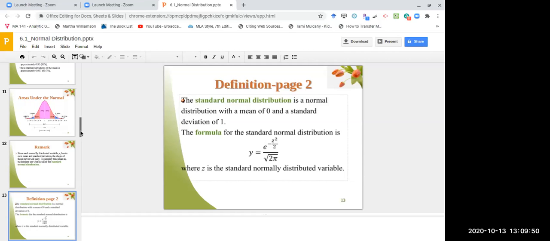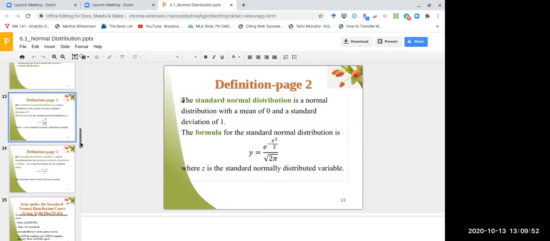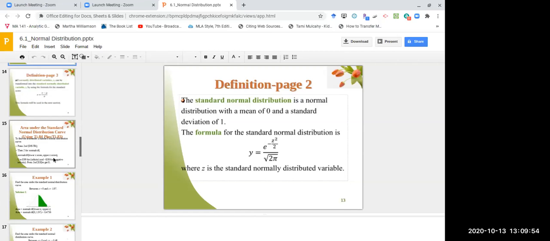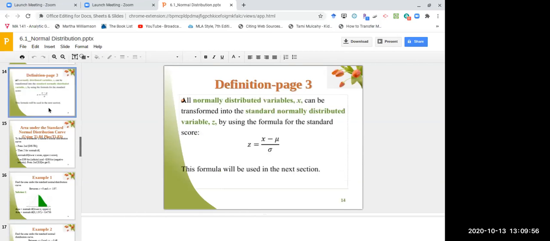Later on in this section, you have the z-score right here. And you're going to be doing this, as I said, in the next section. But this is the way that you know you're dealing with the standard normal: when you have z.